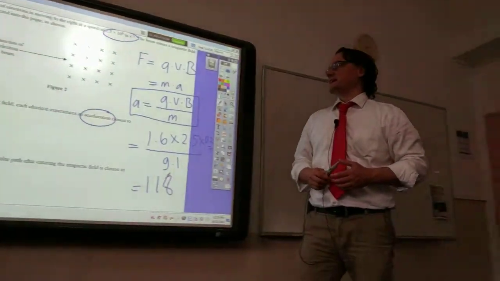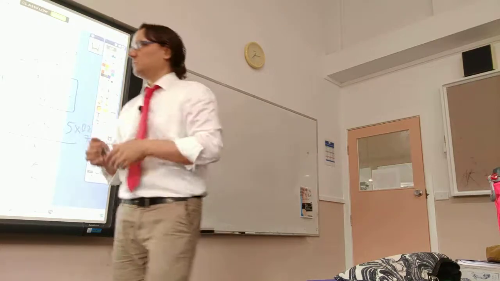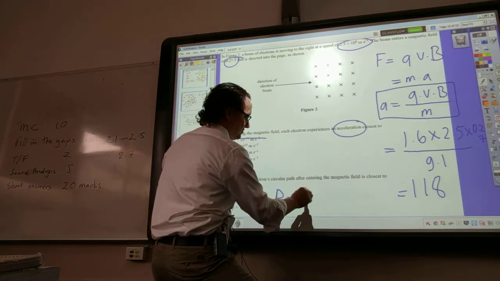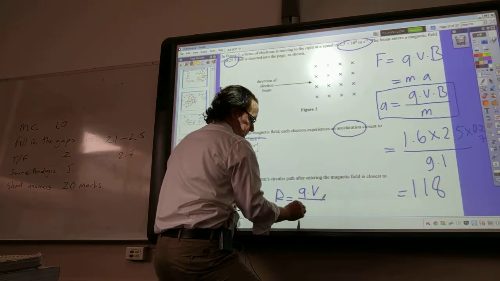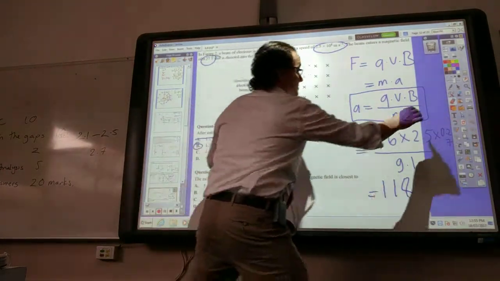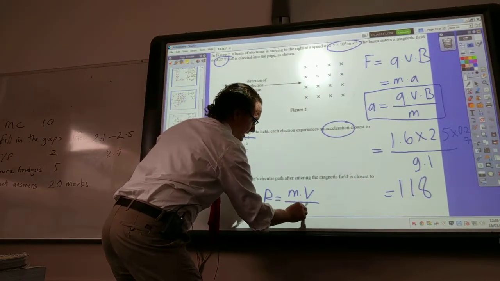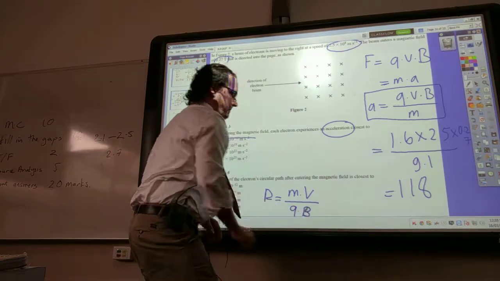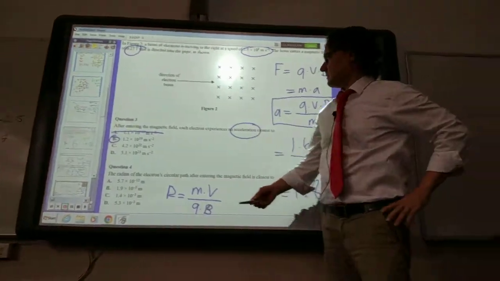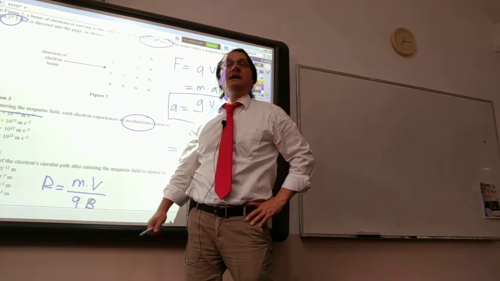Question: the radius of the electron's circular path after entering the magnetic field is closest to. Then you look at your formula sheet to find the radius of curvature, which is M times V divided by Q times B. This is a good question, because M and Q are provided, V and B are provided, so you can easily find R. And again, you can use my method.